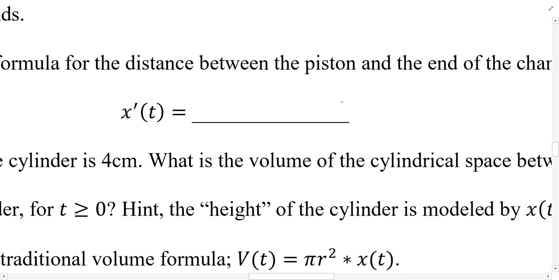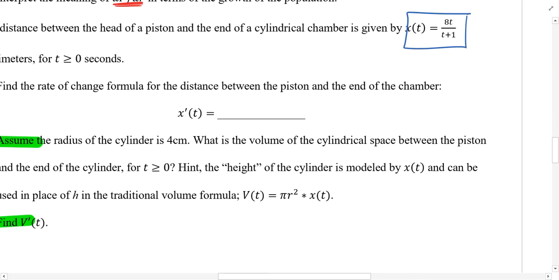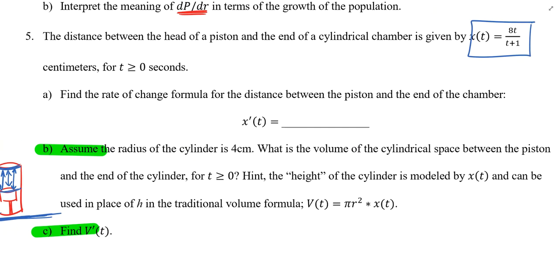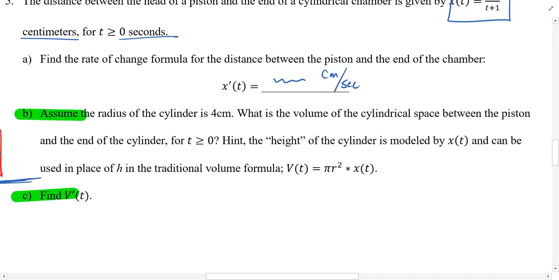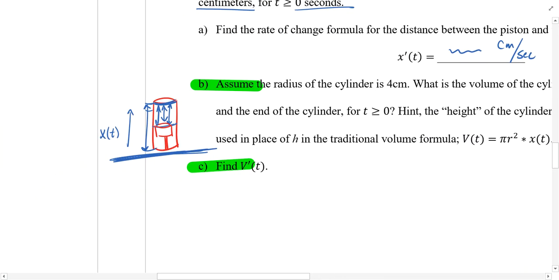And the derivative function ends up giving us our speed, essentially, in this case, centimeters per second, whatever that formula was.